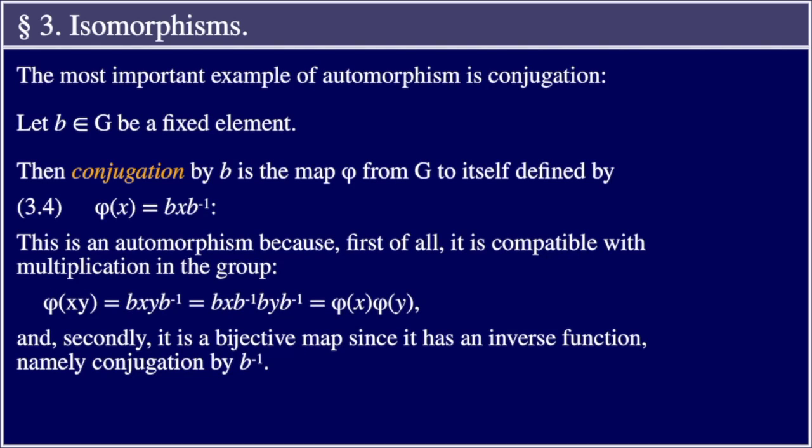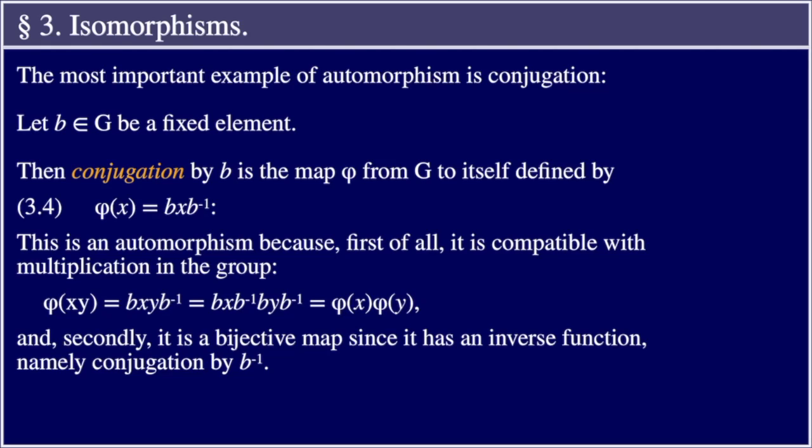The most important example of automorphism is conjugation. Let b, a member of G, be a fixed element. Then conjugation by b is the map phi from G to itself defined by 3.4: phi of x is equal to b x b inverse. This is an automorphism because, first of all, it is compatible with multiplication in the group. Phi of xy equals b x y b inverse, equals b x b inverse times b y b inverse, equals phi of x times phi of y.